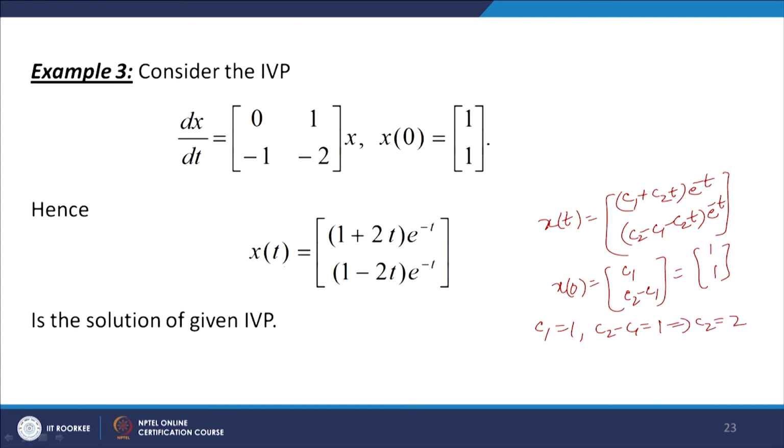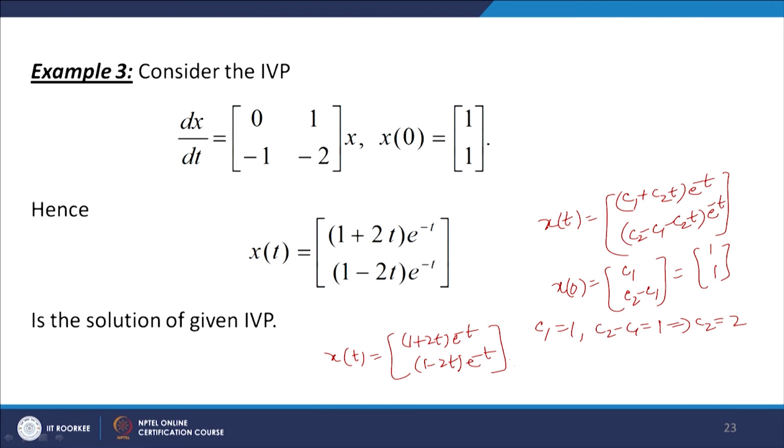So, we get x(t) with C1 as 1 and C2 as 2: (1 plus 2t) e to the power minus t, and then 2 minus 1 is 1, so (1 minus 2t) into e to the power minus t.